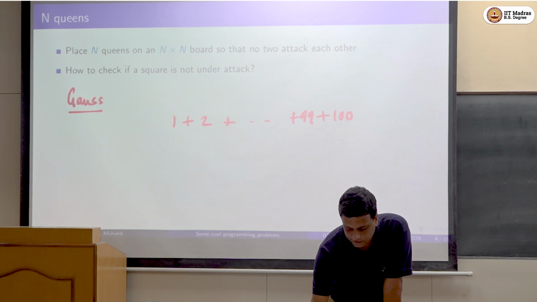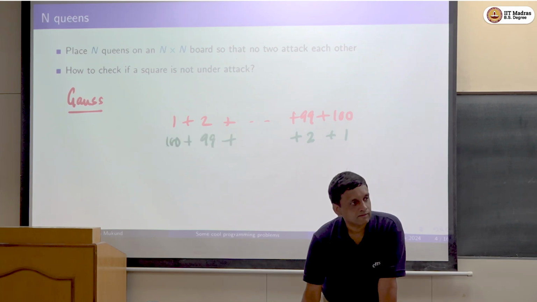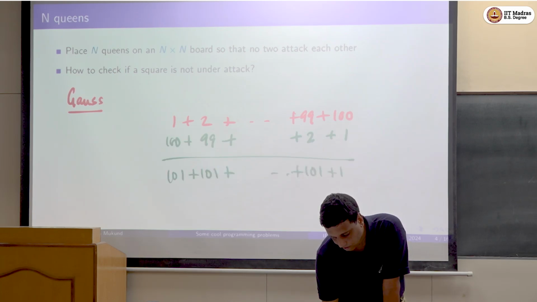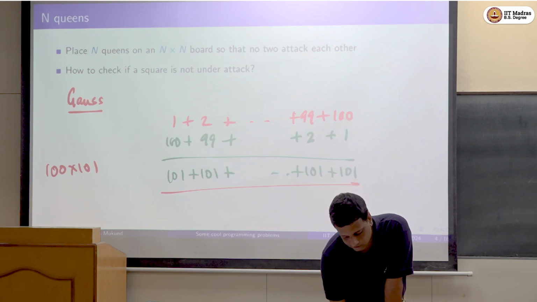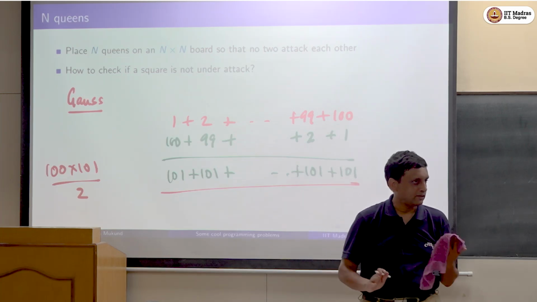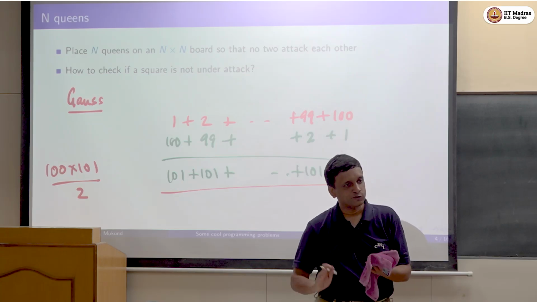So like our string reversal problem, Gauss did this. So it is 100 times 101, but I've added it twice. So 1 to n is n into n plus 1 by 2. Okay, this is Gauss's proof. If you remember this, you'll never forget this. Whether or not Gauss proved it this way, it's a good story.